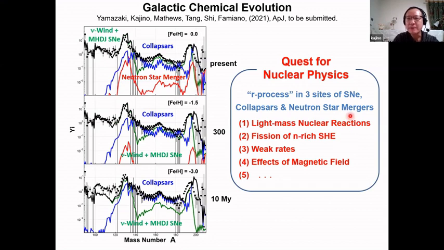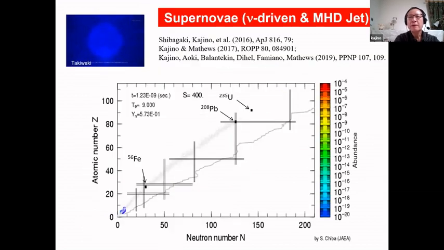Second is the role of fission. Third is weak rates. And fourth is the effect of magnetic field, because neutron star mergers or collapsars are probably strongly magnetized. So all these questions are in nuclear physics. So how do we access these questions? Let us try to understand each astrophysical site.